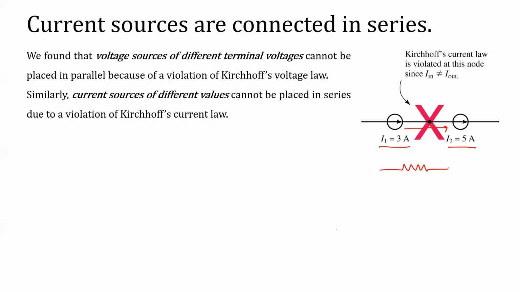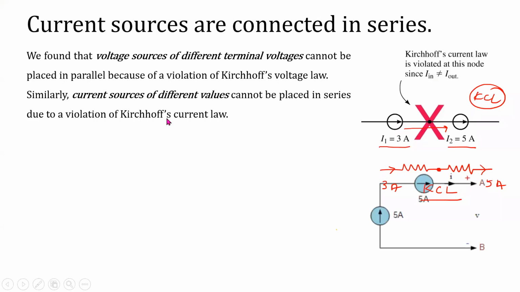Here we are saying it as 3 amps, and at this point we are saying it as 5 amps. But in a series circuit current is same. That's why we follow the KCL here. If these two are connected in series, it doesn't obey the KCL. For that reason, it is not suggested to connect the current sources in series. Okay, that is said here.